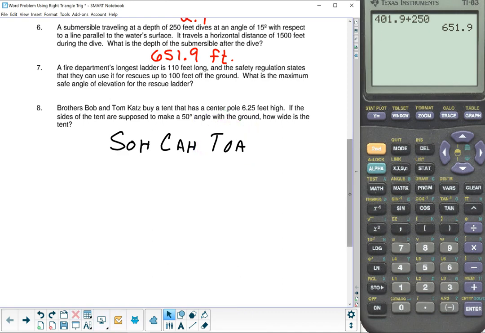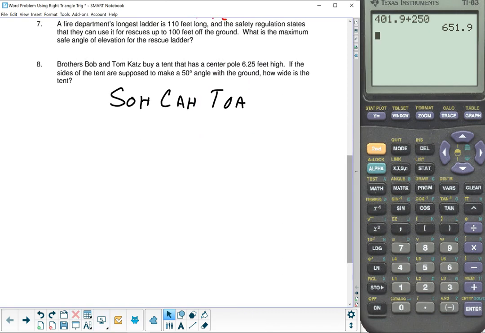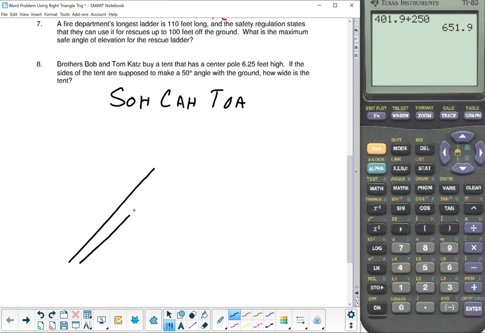Number 7. Fire department's longest ladder is 110 feet long. All right, that's all I know right now. Longest ladder that the fire department can use, 110 feet long. Okay. Safety regulation states that they can use it for rescues up to 100 feet off the ground.